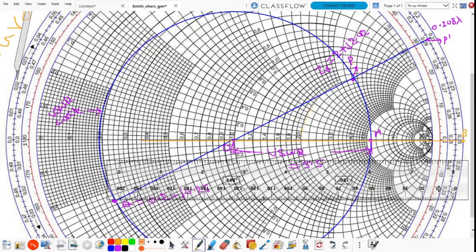The distance between the load point P dash and the first voltage maximum point B towards the generator, measured on the wavelength scale, is P dash B, which is equal to 0.25 lambda minus 0.208 lambda.